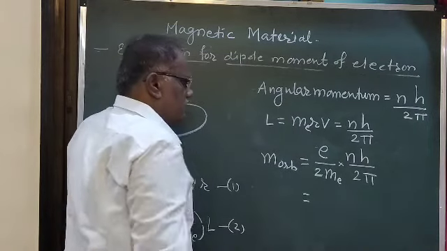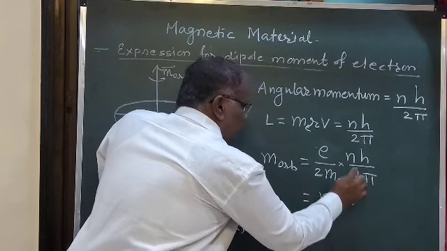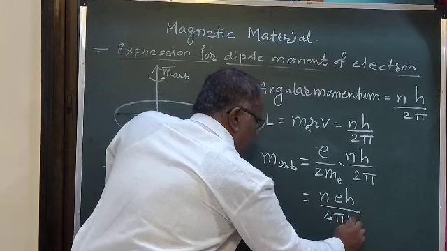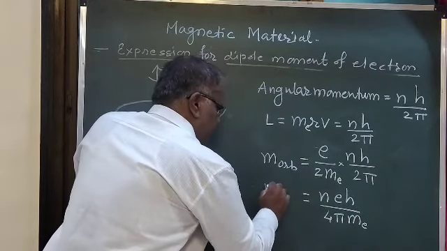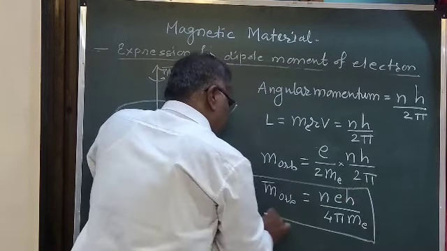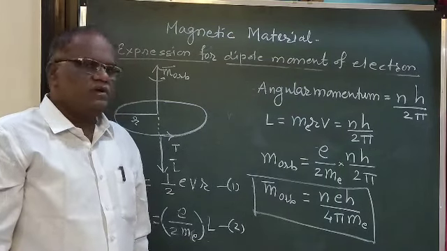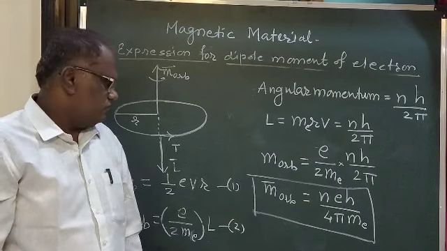Thus we can write n e h upon 4 pi m_e. By using this equation we can also determine the magnetic dipole moment of the electron.